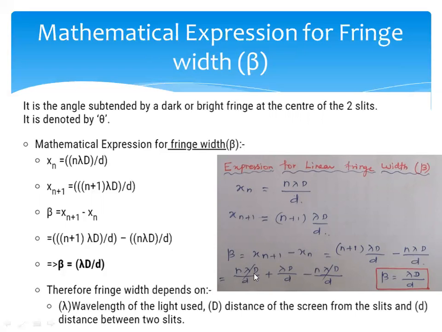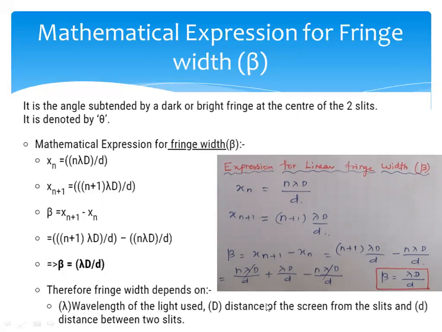So what is left over is lambda capital D by small d, which is the fringe width. So fringe width beta is equal to lambda capital D by small d. That is the explanation given here. Now you will understand what factors the fringe width beta depends on.